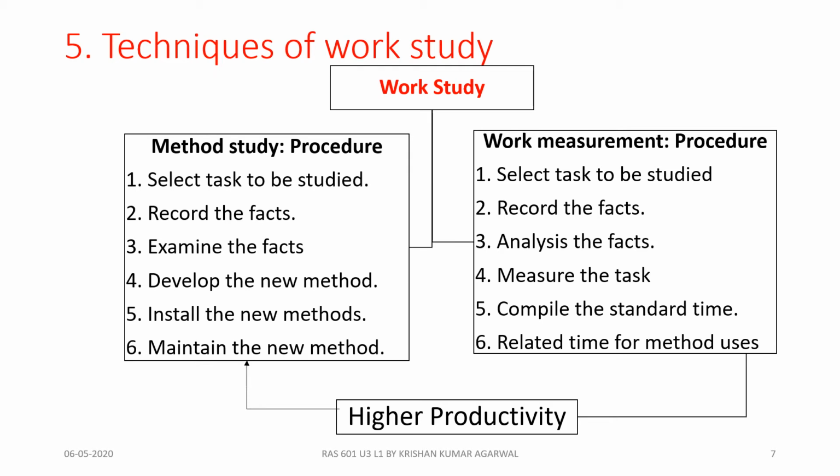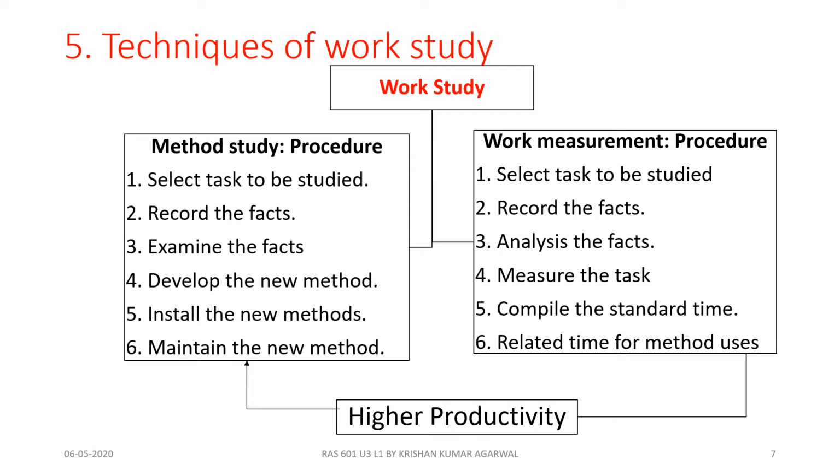After successful implementation of the new method, the method should be maintained on the shop floor. And if any further improvement is required or can be done, it can be implemented again.